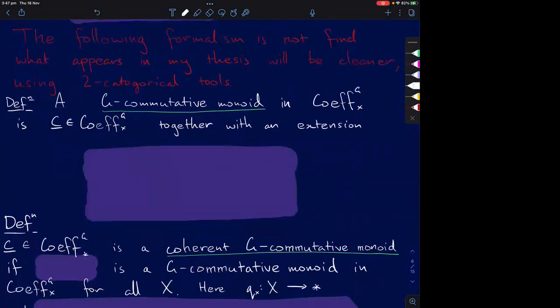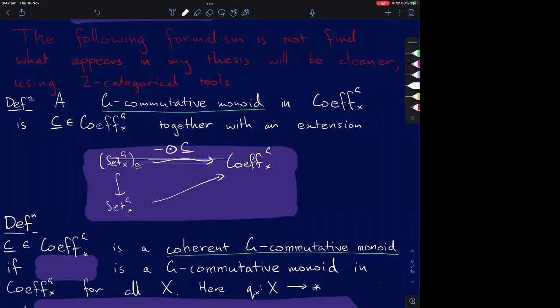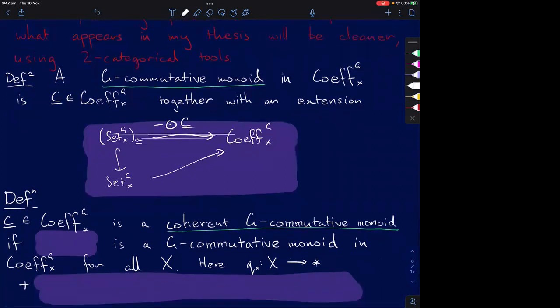But for now, a G commutative monoid is a coefficient system C with an extension from this groupoid to the whole category of G sets over X. So this is coefficient systems over X, and I want to extend the functor that does this multiplication by a G set. All right. Now, a coherent G commutative monoid.